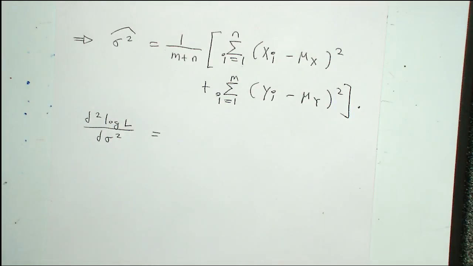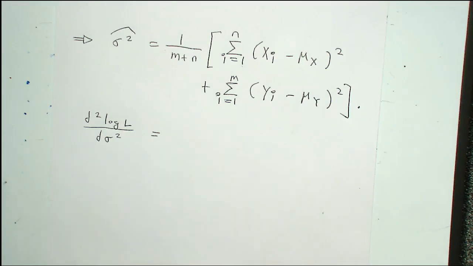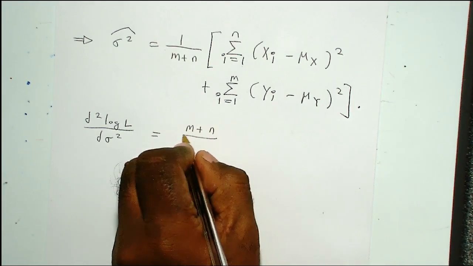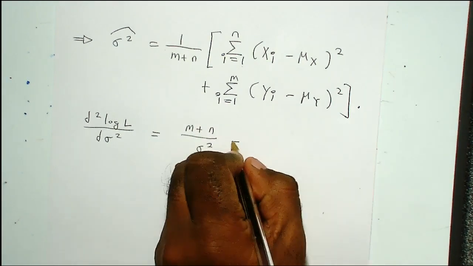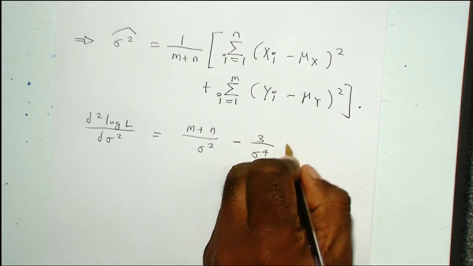Let's look at the second order derivative, which is the derivative of this, guys. So it's going to be (m plus n) divided by sigma squared minus 3 divided by sigma to the 4.